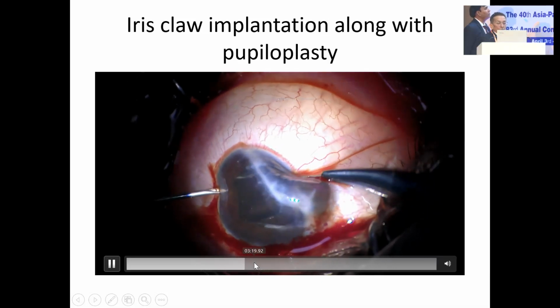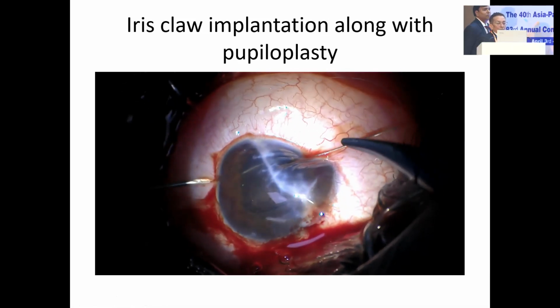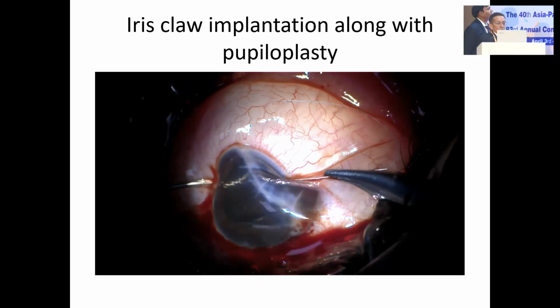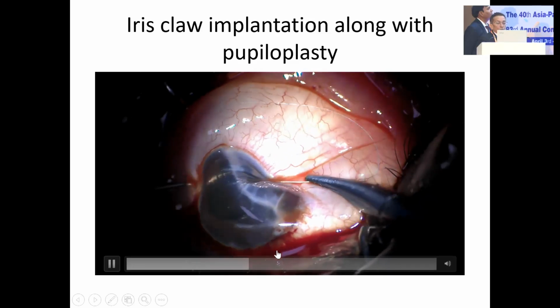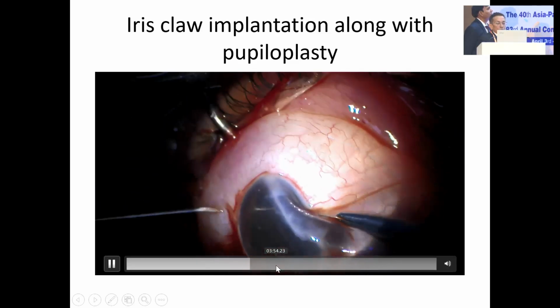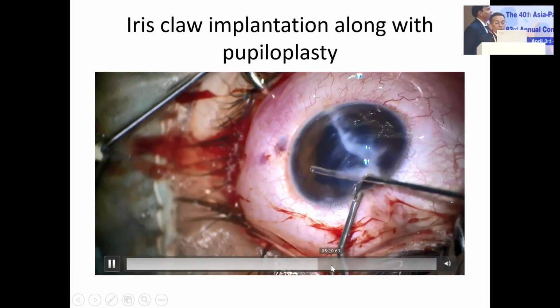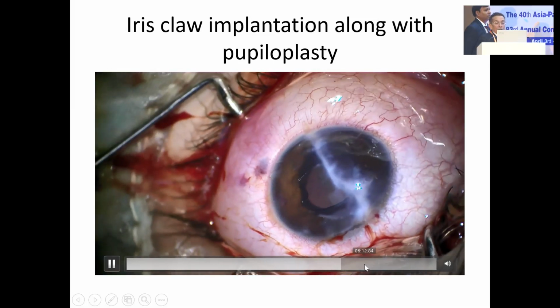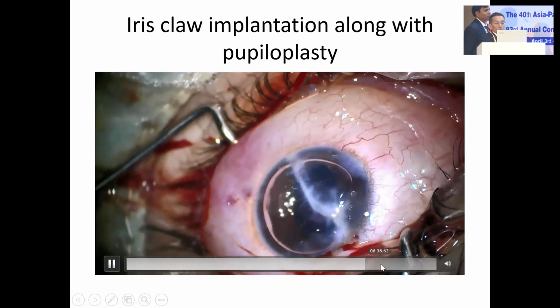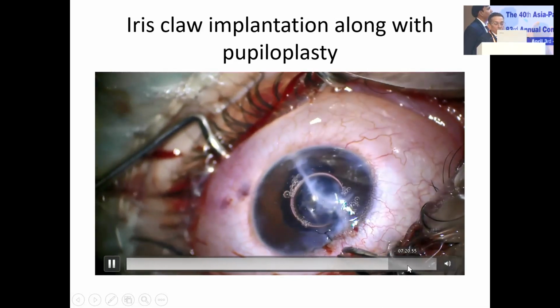Here we have not done multiple sutures, only two, because the iris is much traumatized, and avoiding more stretching on the iris prevents dialysis. Then you can complete the surgery.